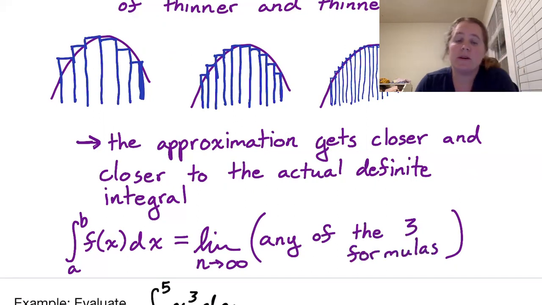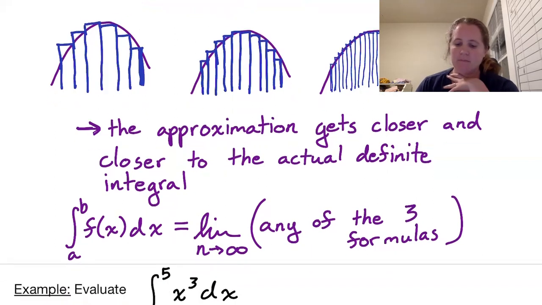So I prefer working with the right-hand rule because it's easier to work with. So that's what we are going to do. All we have to do is figure out our summation for the Riemann sum for the right-hand rule for n rectangles, and then let n go to infinity, and we get our definite integral.